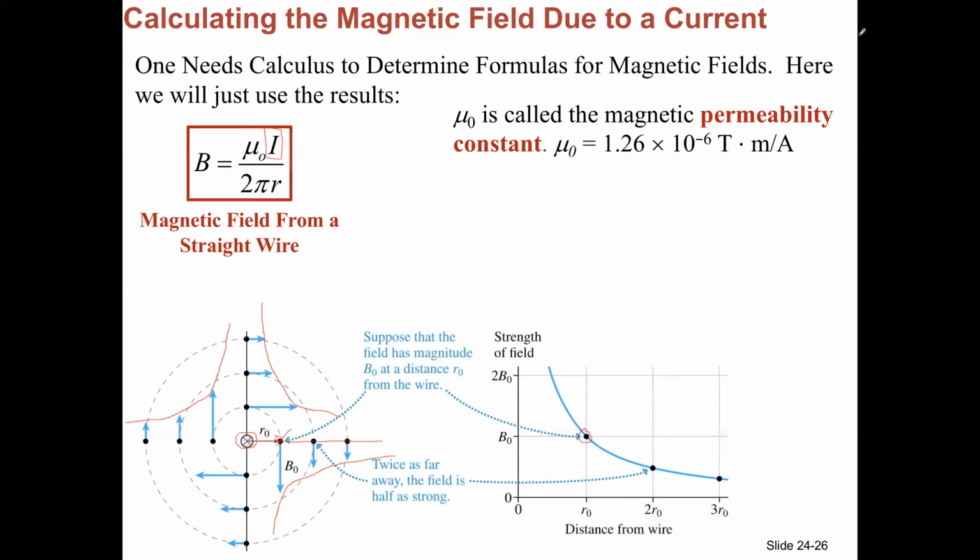So here, the other things in this formula, mu naught is a constant of proportionality. Again, it's something that has to be determined experimentally, and it depends on the material that you're moving through, so what all of this space out here is. If it's air or vacuum, mu naught has this value.